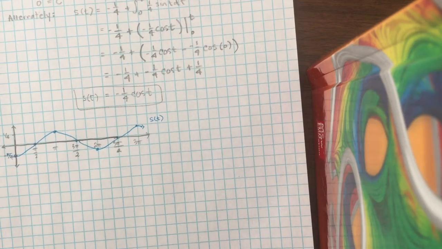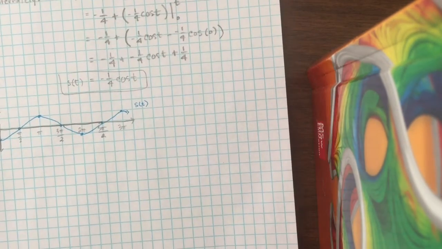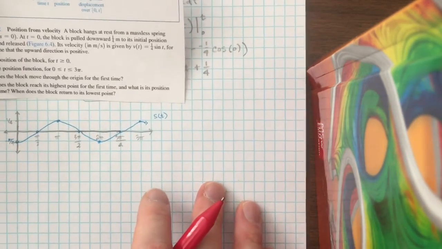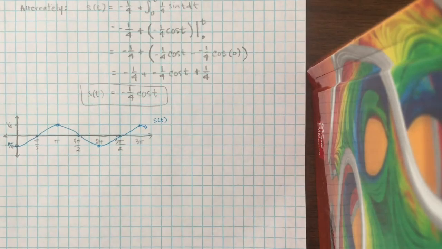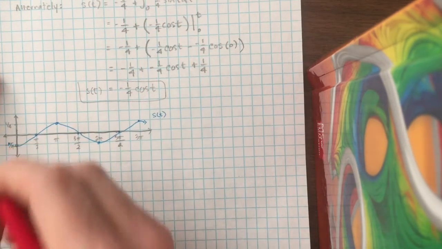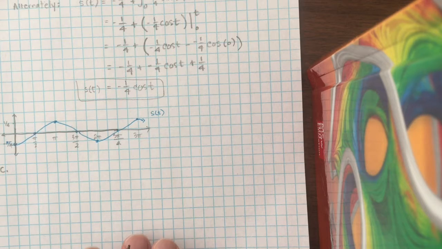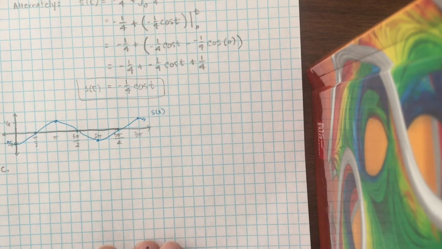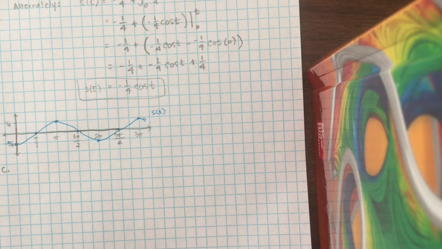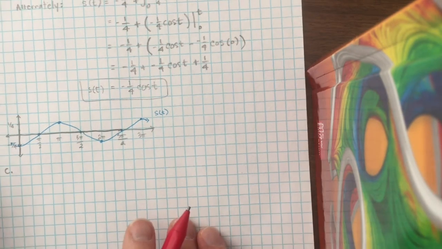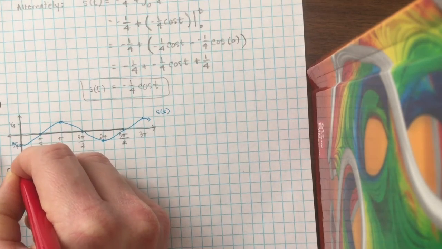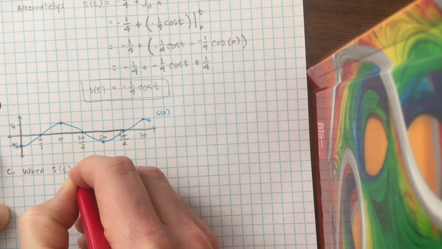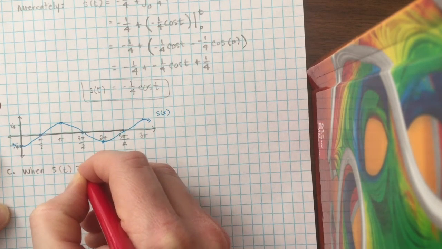All right. And then question C asks, when does the block move through the origin for the first time? Well, we know that that is going to happen whenever s of t is equal to 0.